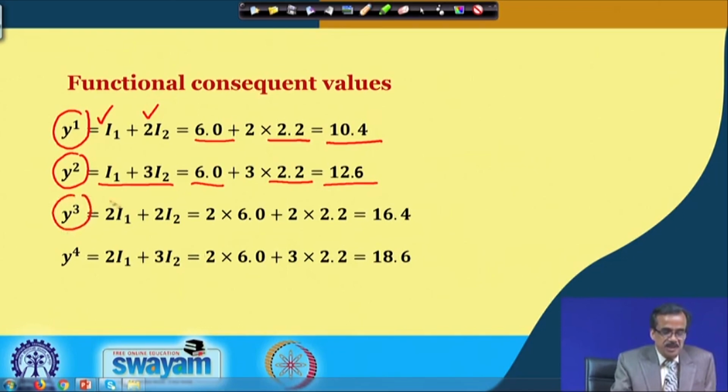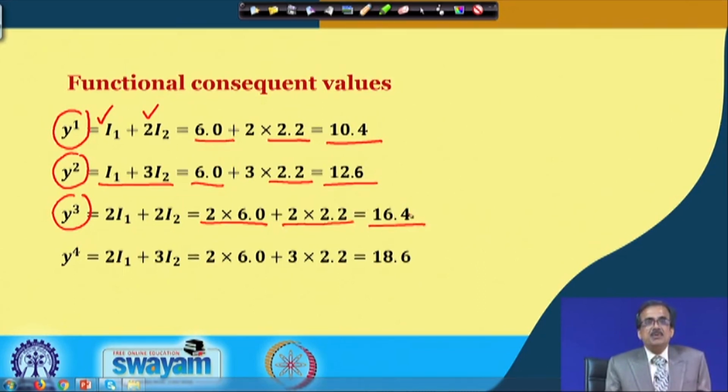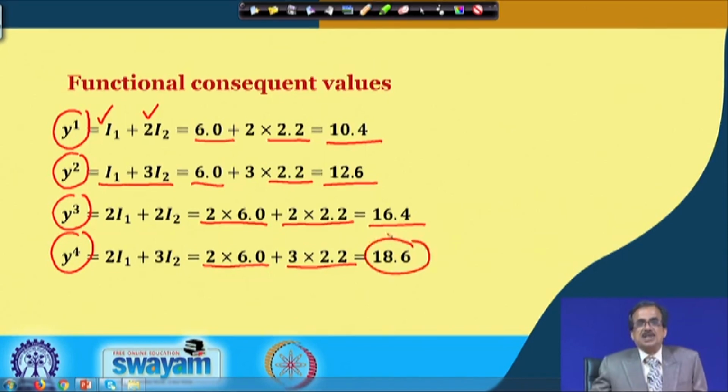Your y 3 is 2 I 1 plus 2 I 2, that is 2 multiplied by 6.0 plus 2 multiplied by 2.2, and I will get 16.4. Then y 4 is 2 I 1 plus 3 I 2, that means 2 multiplied by 6.0 and 3 multiplied by 2.2, and if you add them up, you will get 18.6.